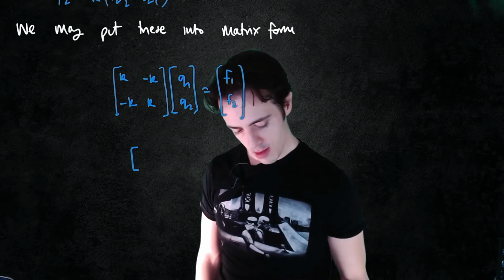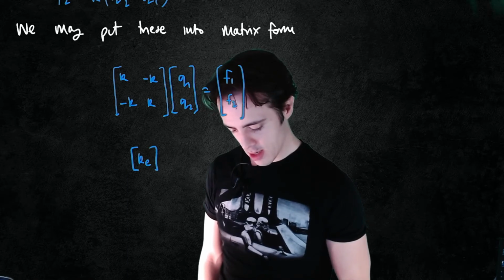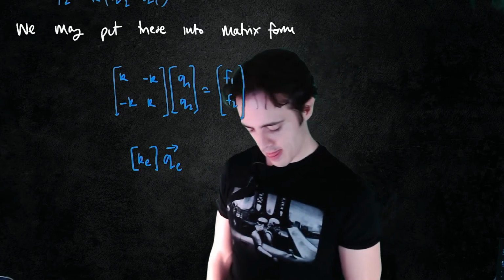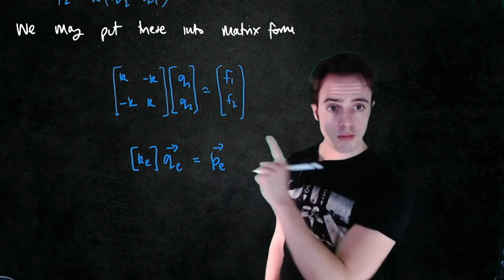So that is K subscript E, Q_E vector is equal to P_E vector. So we've just produced this.